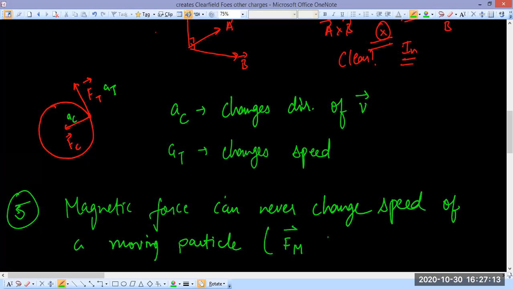Because the magnetic force is always perpendicular to velocity. Suppose it is moving in a circle like this. So remember this sentence also, it's useful: magnetic force can never change the speed of a moving particle. It can only change direction. If you want, write it down: it can only change direction.